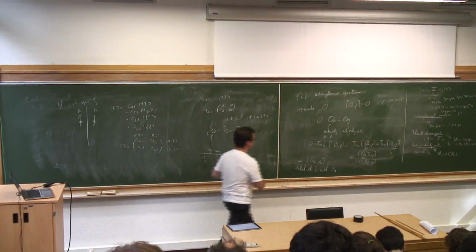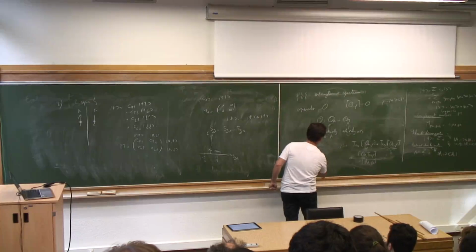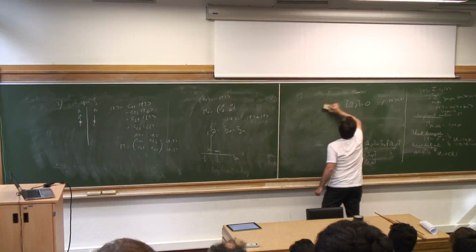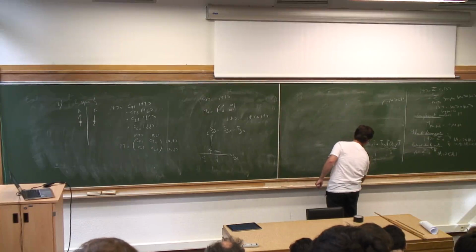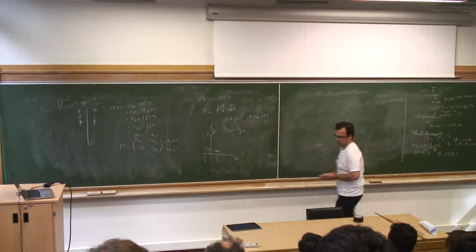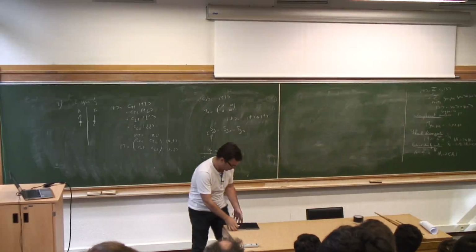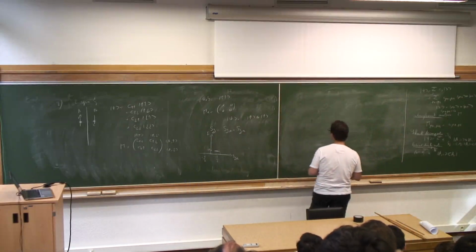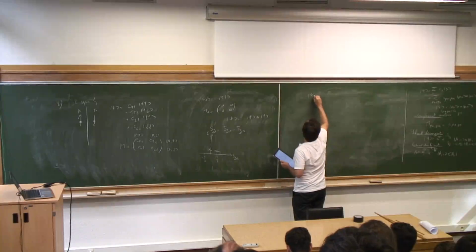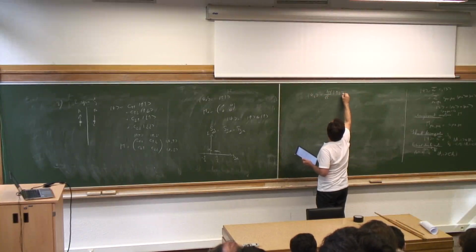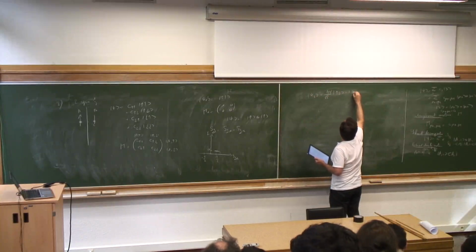Now I can take a maximally entangled state. One over square root of 2, spin up, spin down, so a single state.